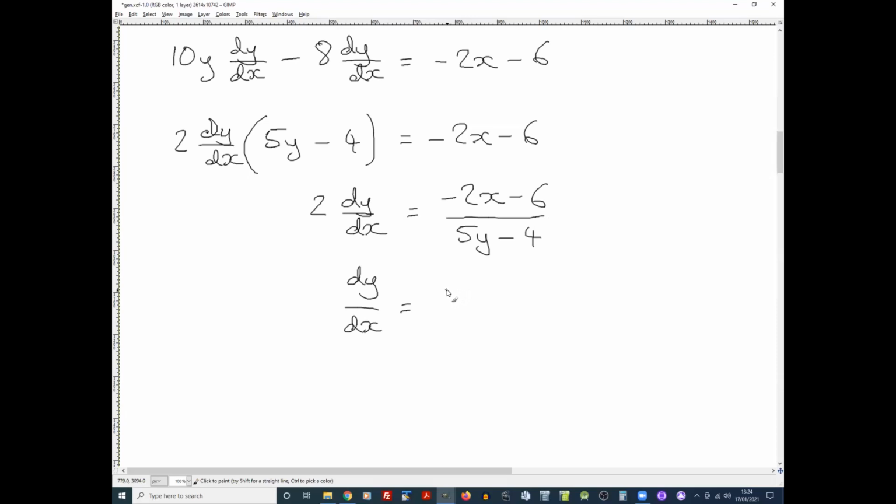Giving minus x minus 3 over 5y. And then can we get rid of those minus signs? Some of them?